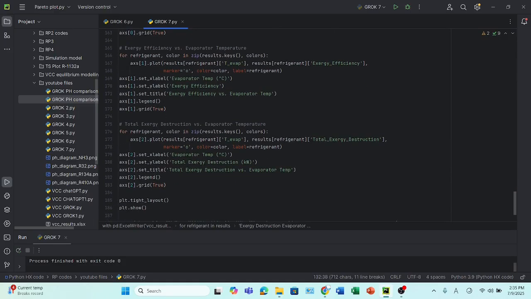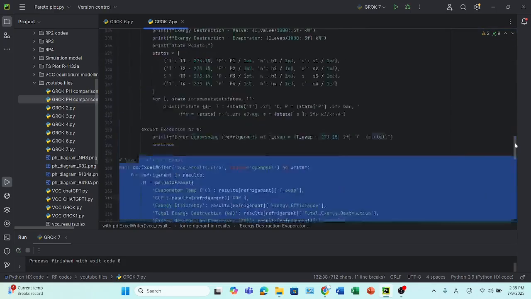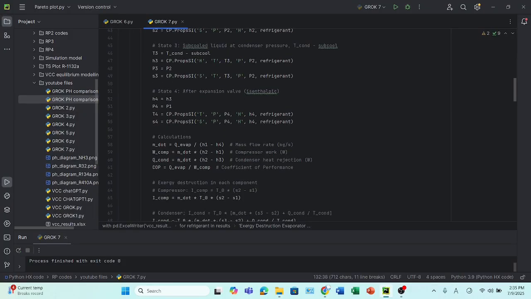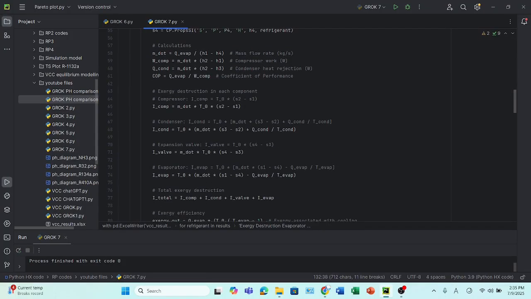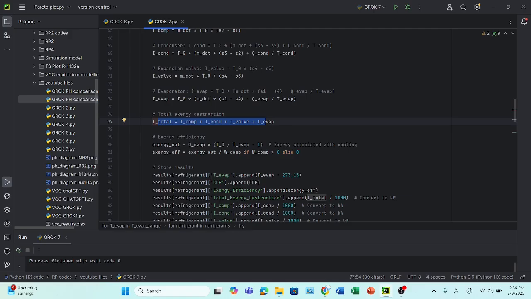But we want to see the formulas it is using for calculating the exergy destruction and exergy efficiency. Here you can see the exergy destruction in each component. For the exergy efficiency, it is Q evaporator multiplied by T naught divided by T evaporator minus 1, the exergy associated with cooling, and exergy efficiency is exergy out divided by total compressor work.